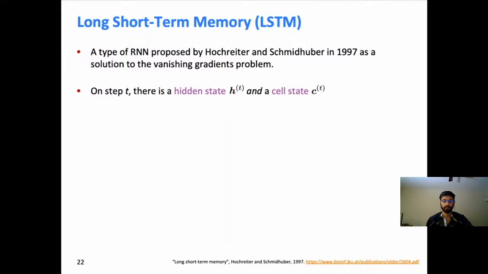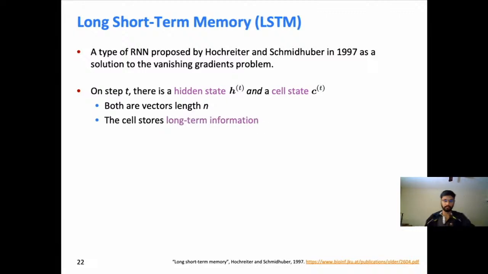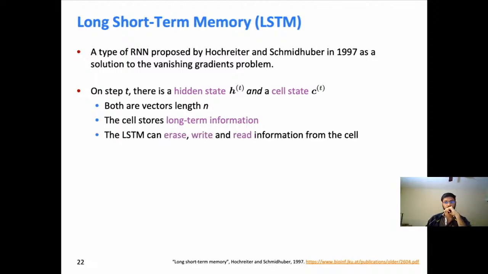Both of these are vectors of the same length n. The cell is meant to store our long-term information. That's our memory unit. Another super important thing is that the LSTM can erase, write and read information from the cell. You can think of this a bit like memory in a computer, in that you can do these operations, reading, writing and erasing, and that's how you're going to keep your information.